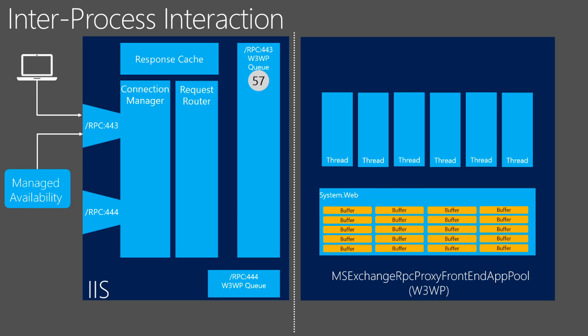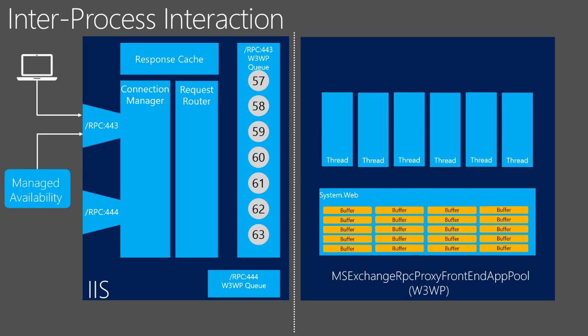What Request Router does is it looks at the RPC and the port number, the URL and the port number, and says which instance of W3WP is registered to accept this traffic. In this case, we care about the RPC front-end app pool. And so it routes that request into what's called a W3WP queue and continues to route new incoming connections into this particular queue.